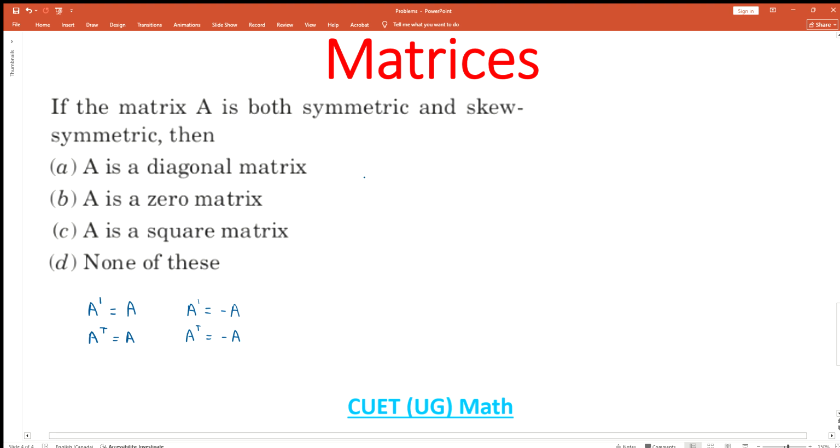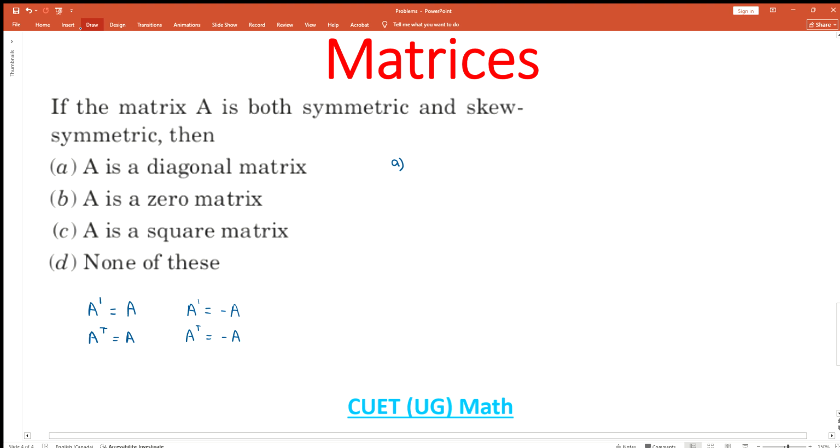Now we can analyze the given answer choices. Part A is a diagonal matrix. A diagonal matrix is a square matrix in which all elements that are not on the main diagonal are equal to 0.